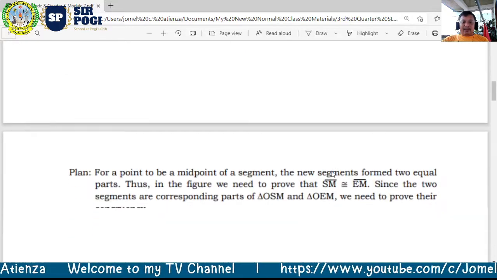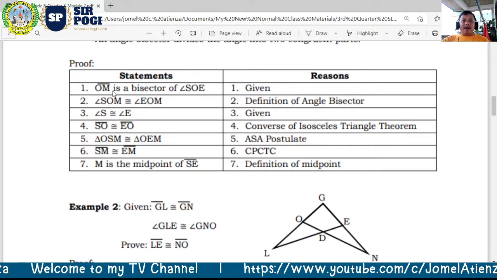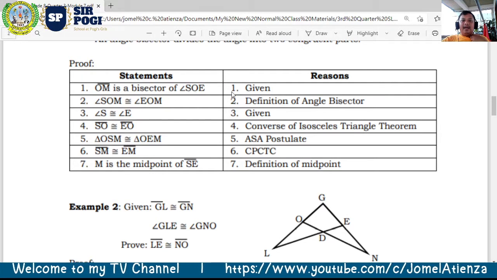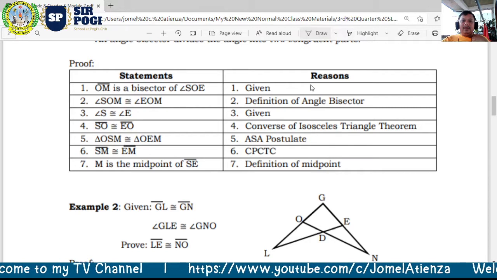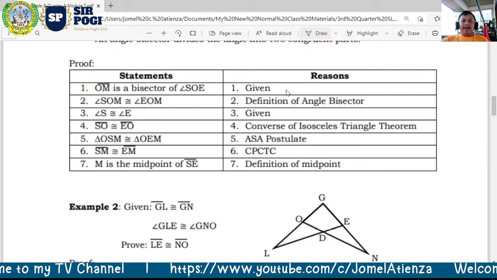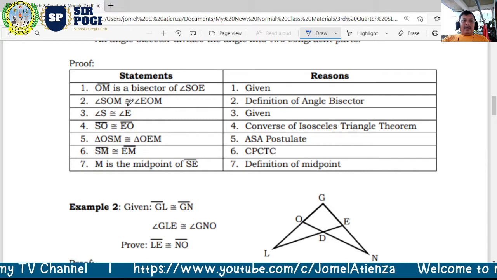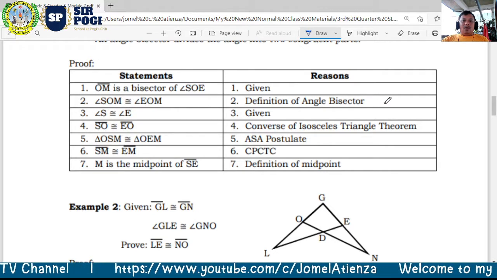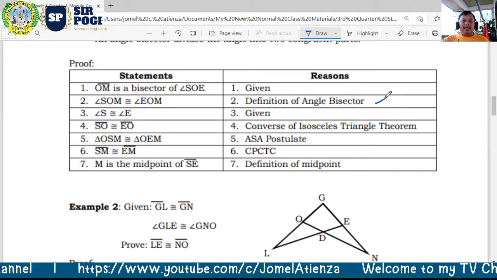Okay? So here are the statements. OM is a bisector of angle SOE. So that is given. Okay? And then angle SOM is congruent to angle EOM. So once again, that is the definition of angle bisector.